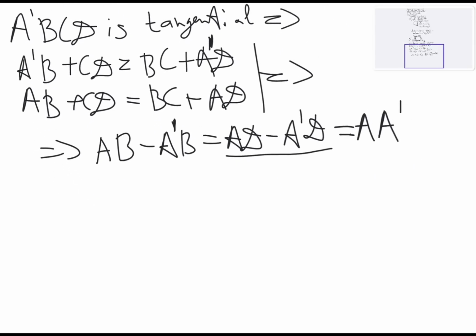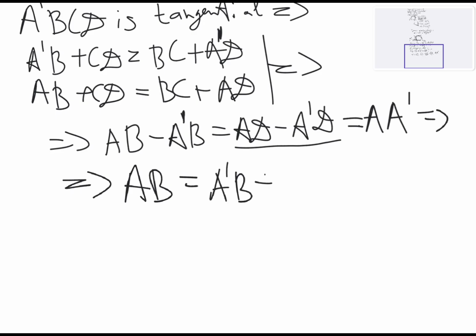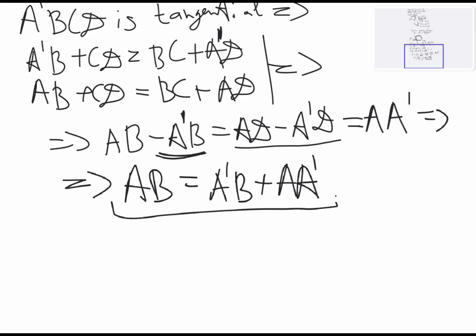To rewrite this further, this can be written as AB is equal to A prime B plus AA prime, right? We moved the minus A prime B to the right hand side.